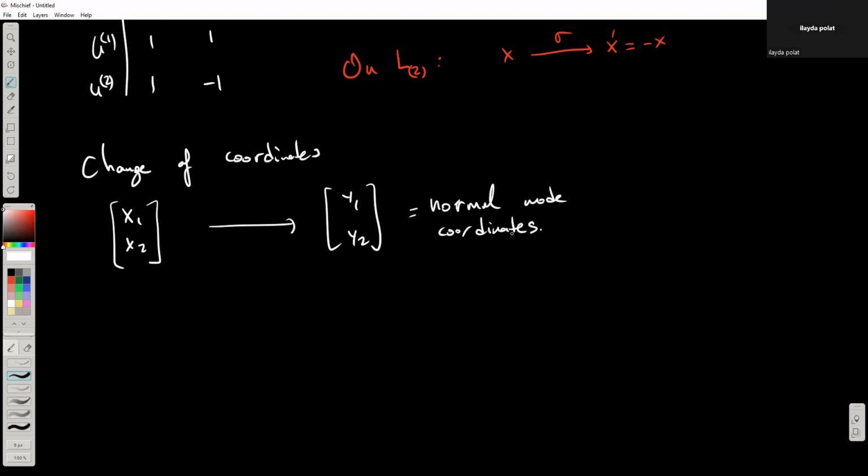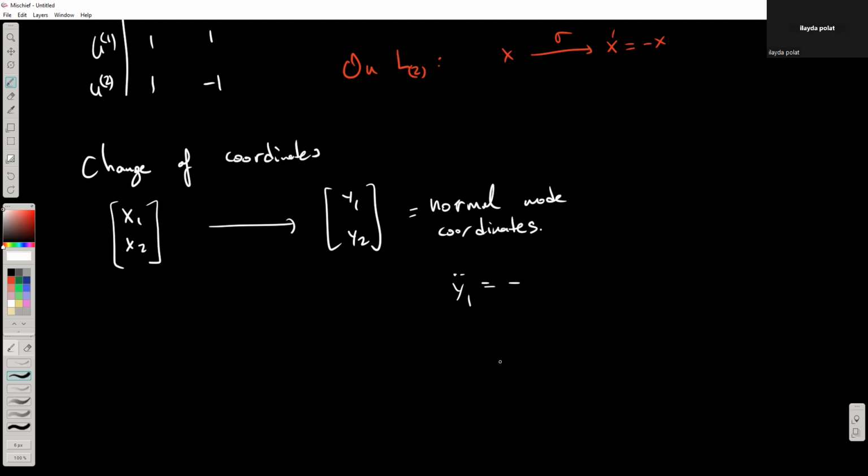What are normal modes? Basically, the normal modes of a problem are solutions of the equations of motion that have a definite frequency. So passing to normal modes implies that each one of these coordinates satisfies an equation of motion where only one frequency appears.